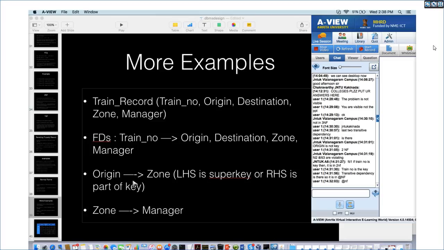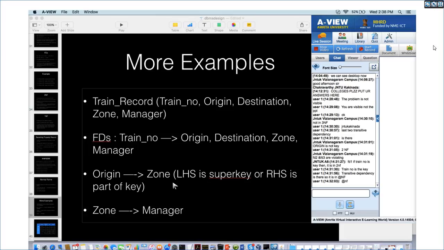No, actually we are only looking at one FD. We are not looking at multiple FDs put together. This FD violates the 3NF because origin is not a super key, LHS is not a super key, and RHS is not part of a key. So this is actually violating the 3NF.